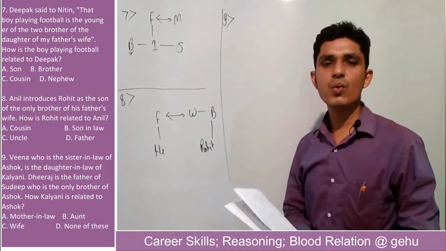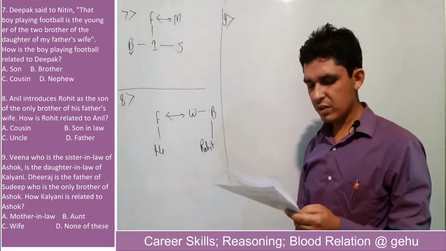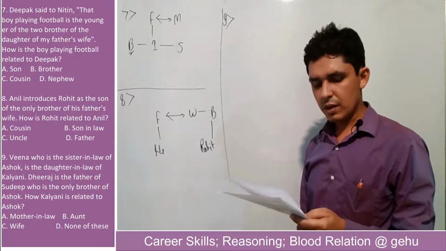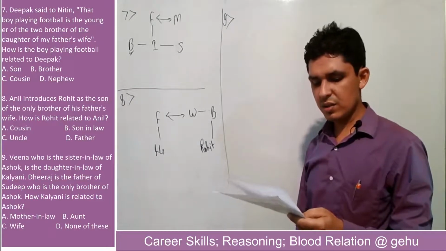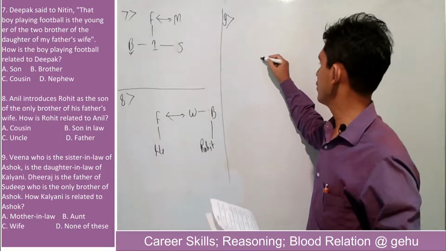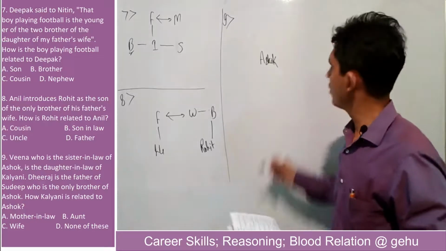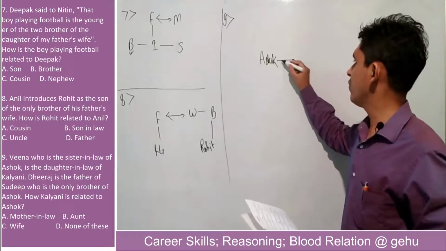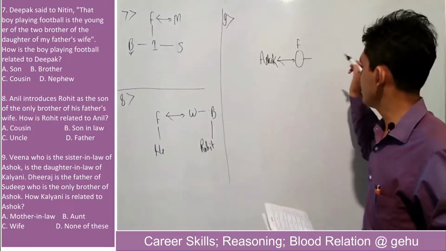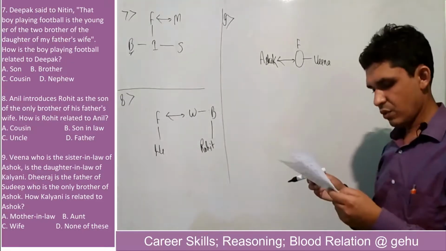So friends, in this question also the keyword I is not there, so I have to start the question from the first statement, Veena, who is the sister-in-law of Ashok, right? So I start with Ashok, and Veena is sister-in-law of Ashok, that means the wife of Ashok's brother, female, and his sister will be Veena. So I can draw like this, okay?